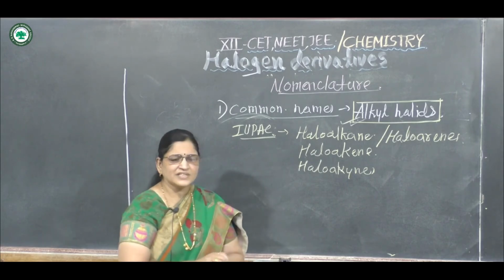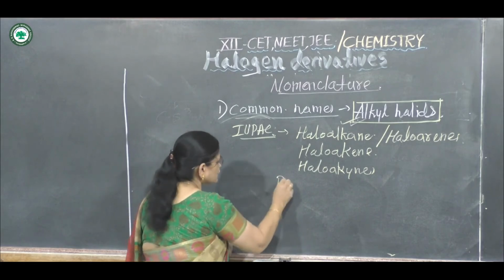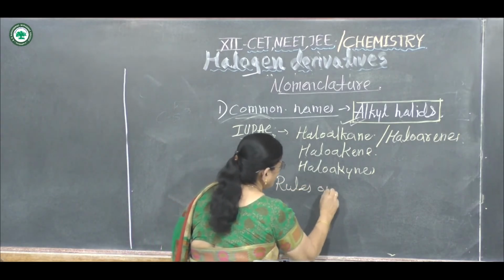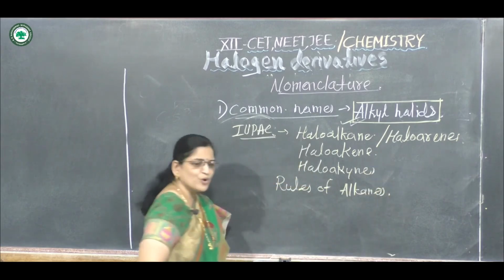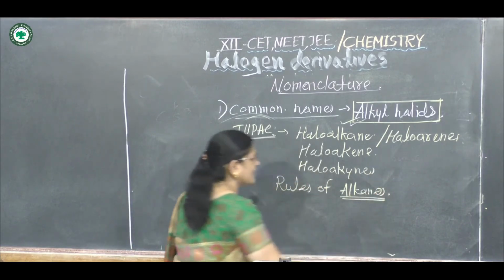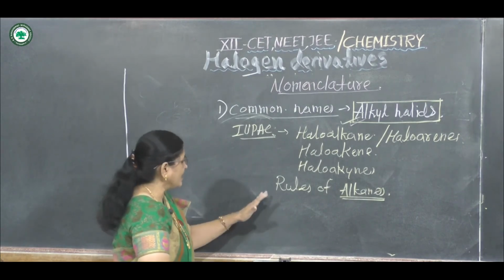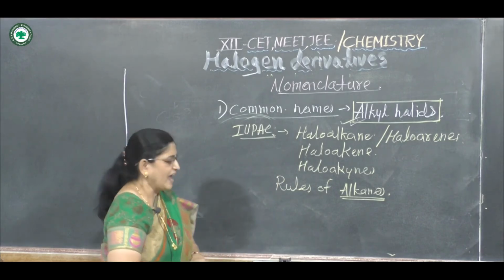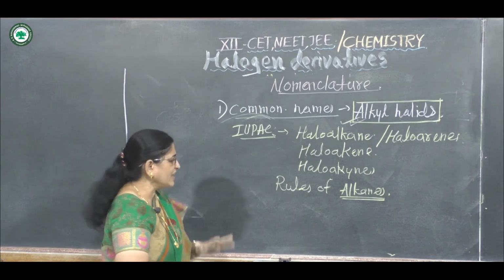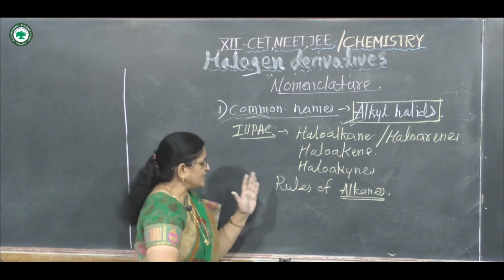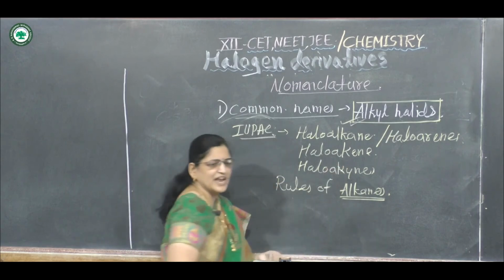Then there are rules, which are already studied in 11th standard, that is the rules of alkanes. These rules are most important for the nomenclature of any organic compounds, also for alkyl halides. The first rule is to select the longest continuous carbon chain which contains the halogen atom.